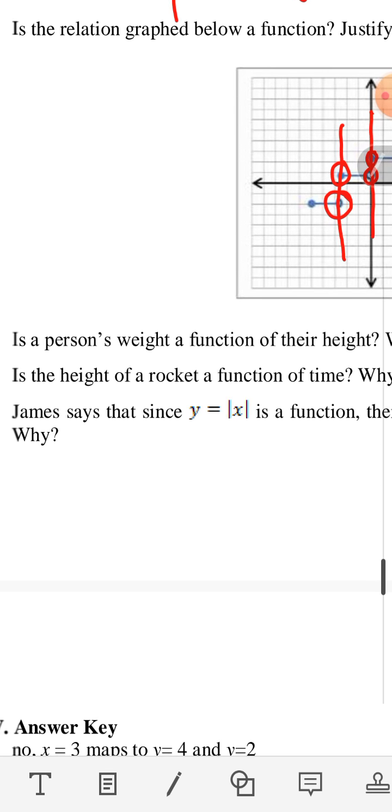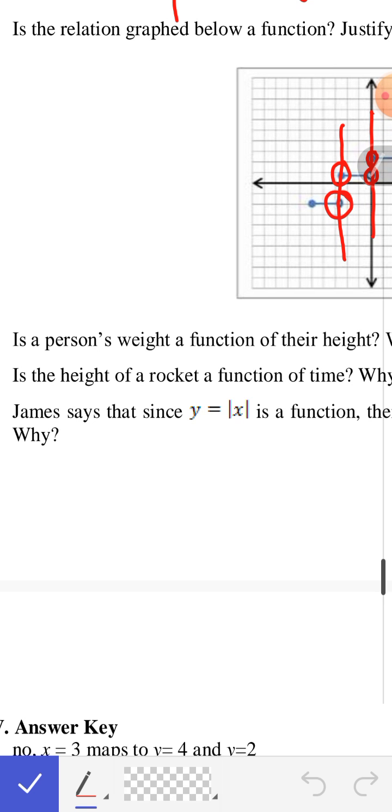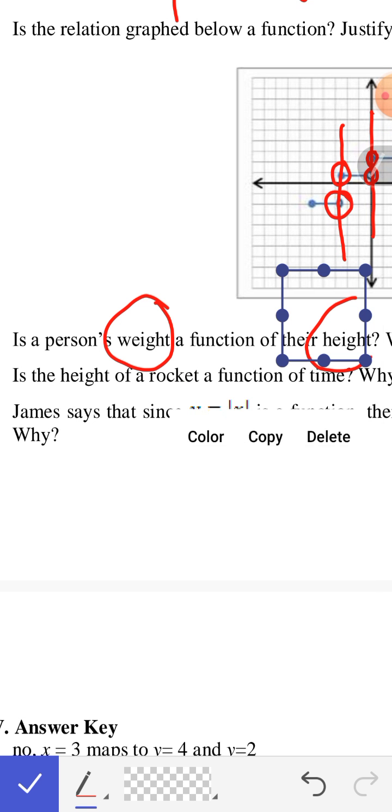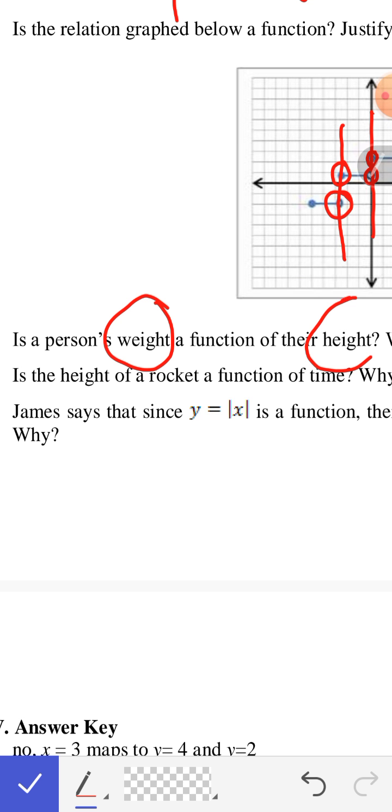So their input, which is the weight, would be the same, but their output, which is the height, would be different. And you know that if you have one input that has different outputs, that's not a function. So it's not necessarily true all the time that a person's weight is a function of their height.